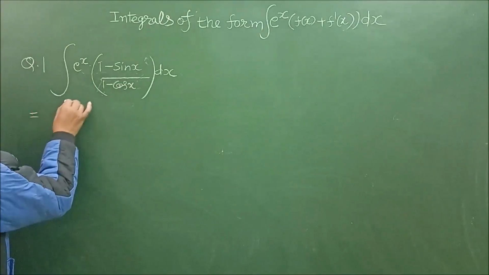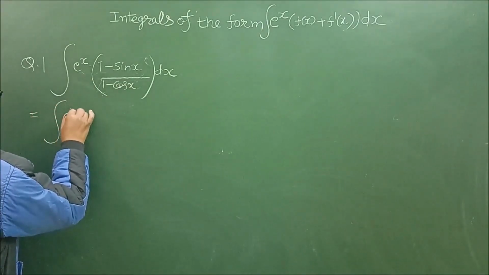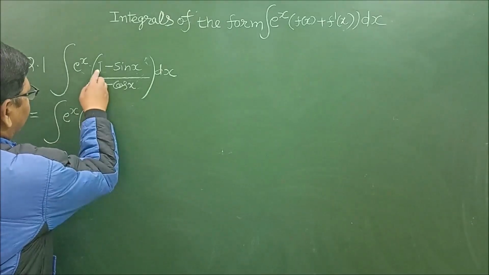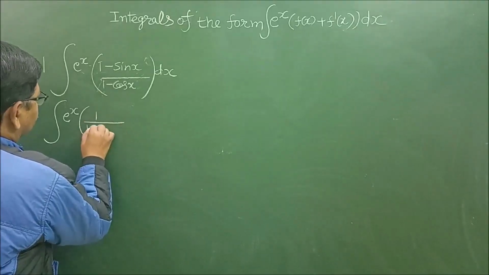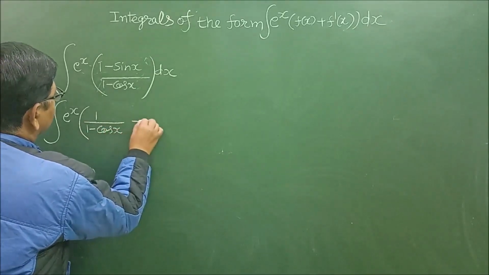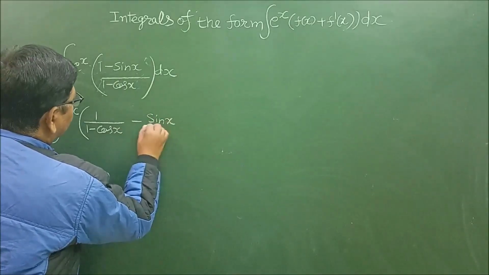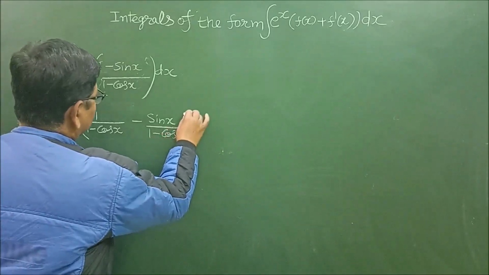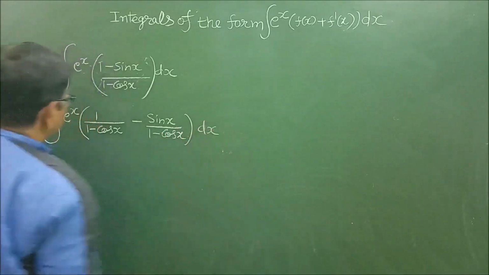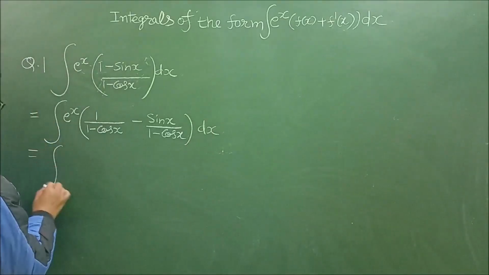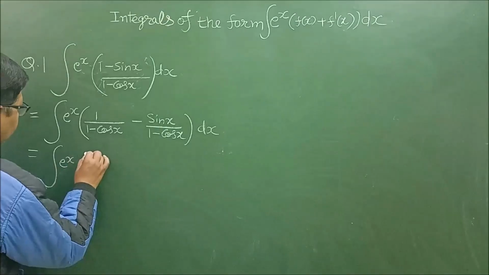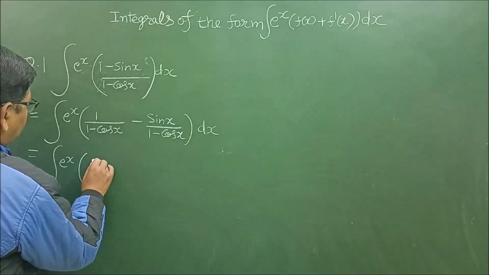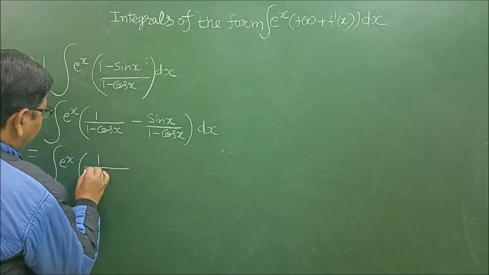Now integral e raised to the power x, and now let us separate: 1 upon 1 minus cos x minus sin x upon 1 minus cos x, dx, which is equal to e raised to the power x into 1 upon 1 minus cos x.